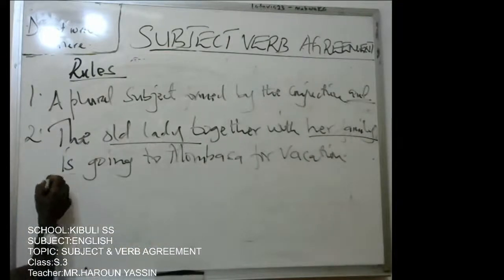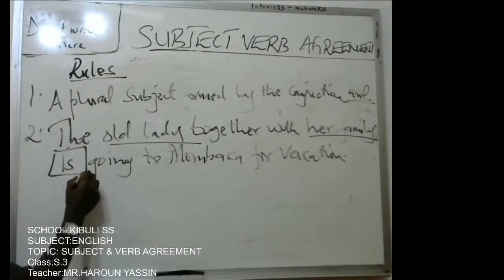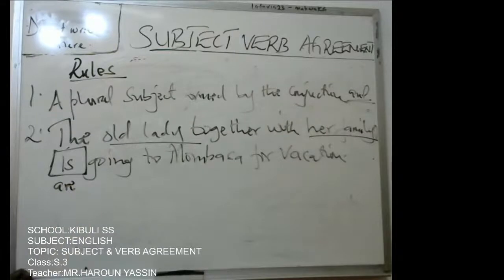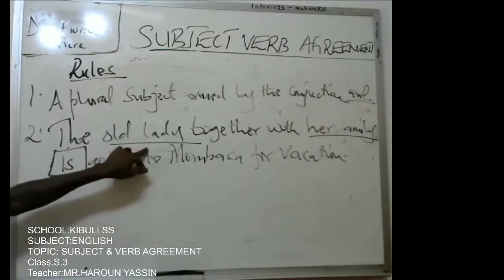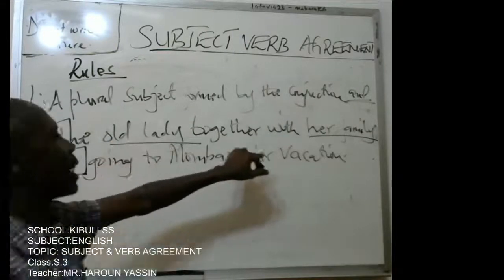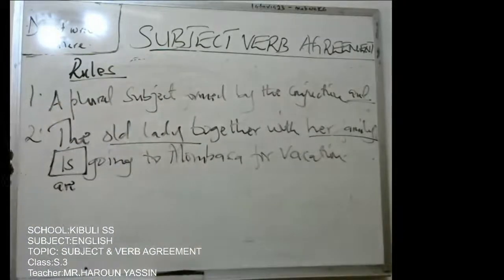And then you are going to challenge me on why am I using is instead of are. Because under normal circumstances, this is one subject, and this is another subject. So we have two subjects, therefore that means it should be plural. And where we have a plural subject, we should have a plural verb. Okay? Why are you using is, which is singular?